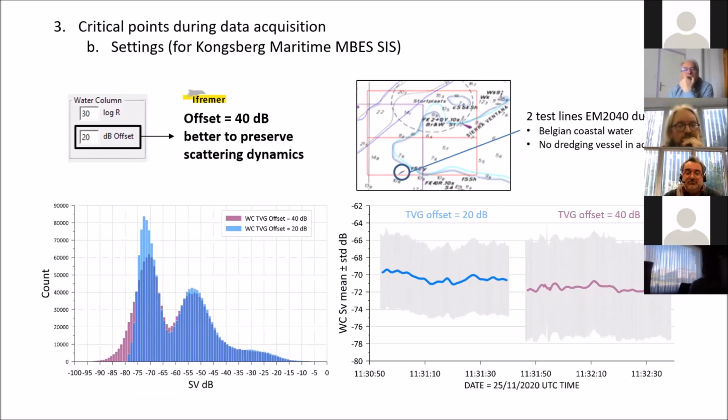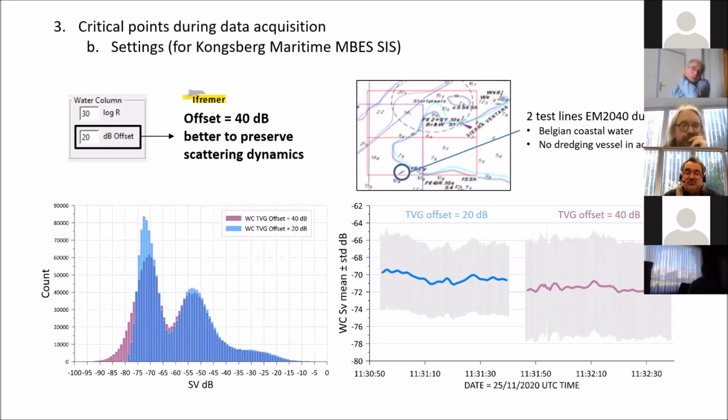And with the default offset value of 20 dB, that is here, this is the default value, 20 dB, the dynamic range goes from minus 84 decibel to 44 decibel.